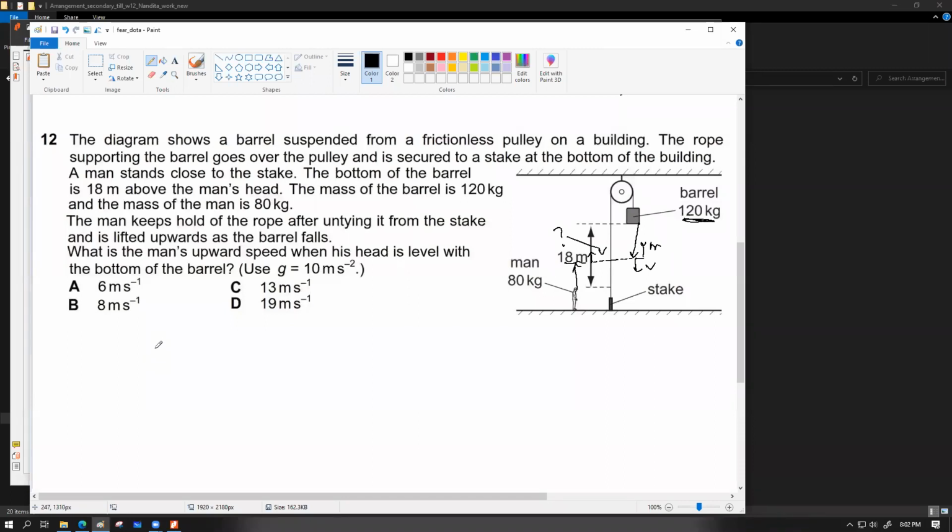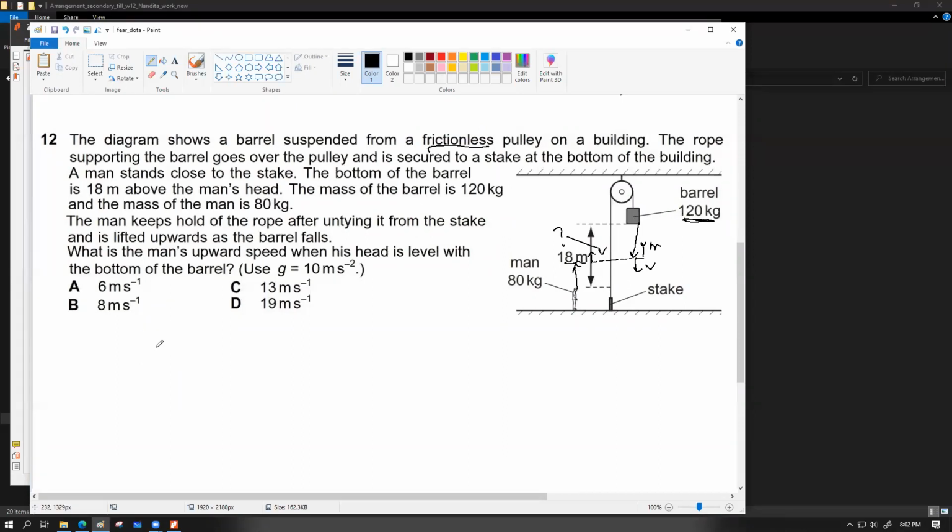Here, if you consider the idea of conservation of energy, because the question says a frictionless pulley, we have to assume that there is no friction, or air resistance is negligible, obviously, because you're working with heavy objects falling through a small height. So for this entire system, the loss of energy is happening from the GP part of the barrel, and the gain of energy is happening by the person's GP gain and also the K gain of both of these things.